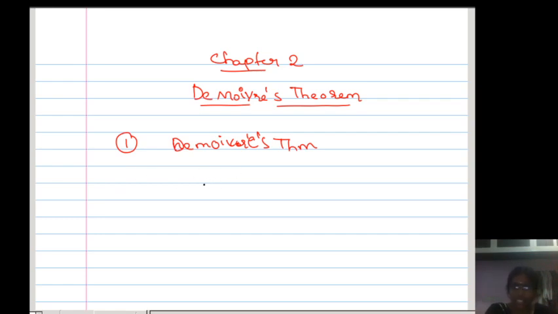So like that you studied in the previous classes. Every complex number in polar form is r into cos theta plus i sin theta. This is the polar form of the complex number, where r is the modulus of z and theta is the amplitude.